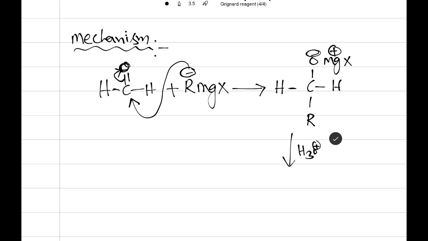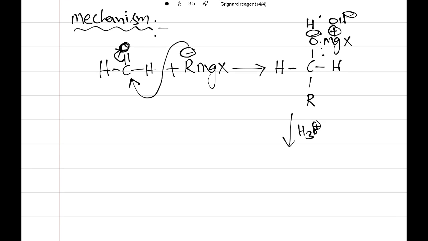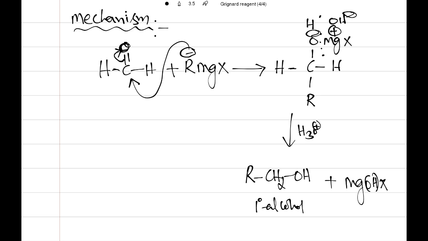What happens on hydrolysis? This bond will get cleaved, so hydrogen will attach to the oxygen, and OH will attach to the magnesium. Now what can we get here? RCH2OH, the primary alcohol, along with magnesium OHX.